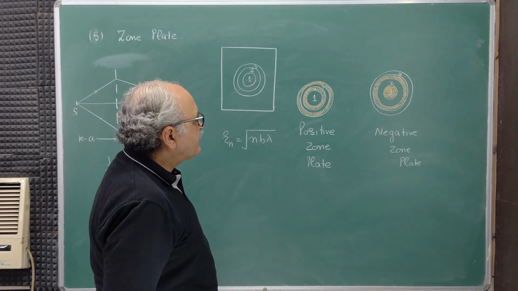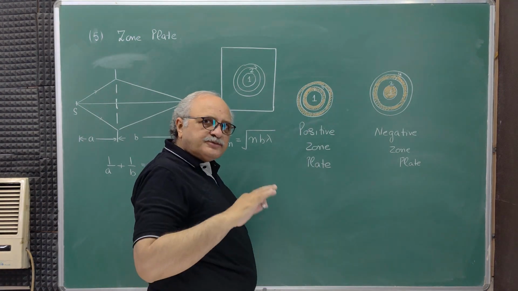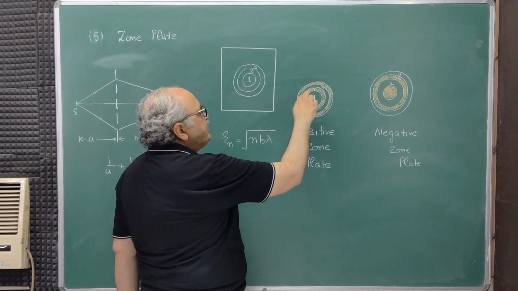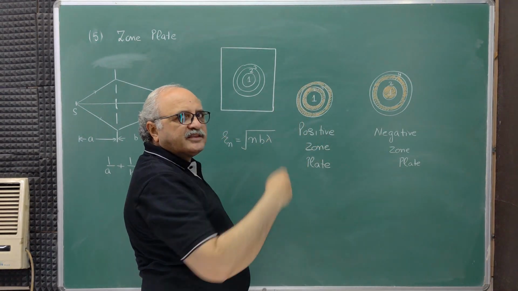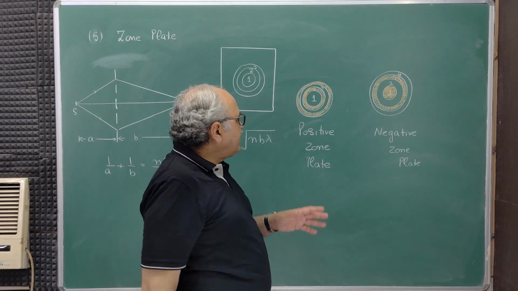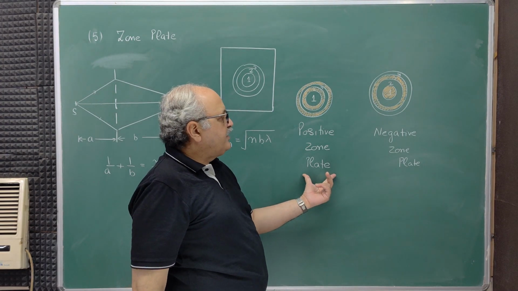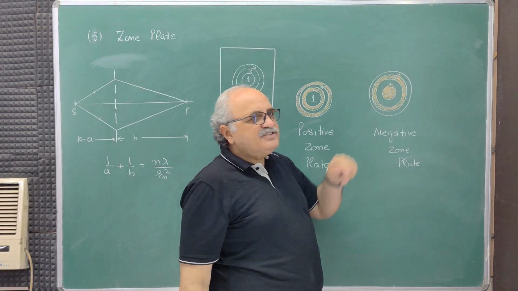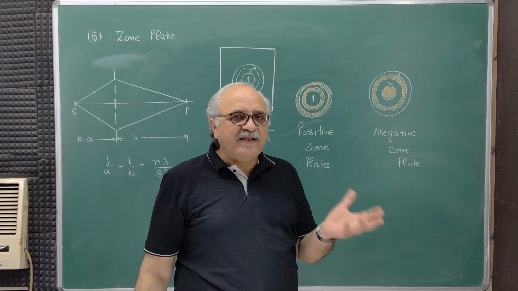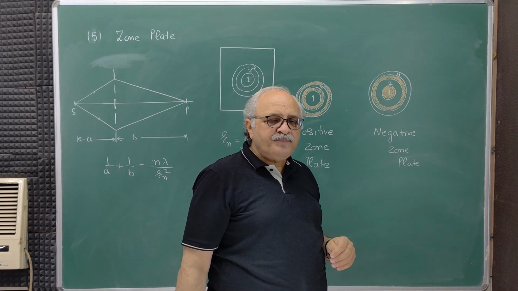For example, if I keep the odd half period zones transparent and the even half period zones, that means second, fourth, sixth, eighth, blackened, then we call such a zone plate a positive zone plate. If we do just the reverse, that means we keep even-numbered zones transparent and odd ones blackened, then we call it a negative zone plate.